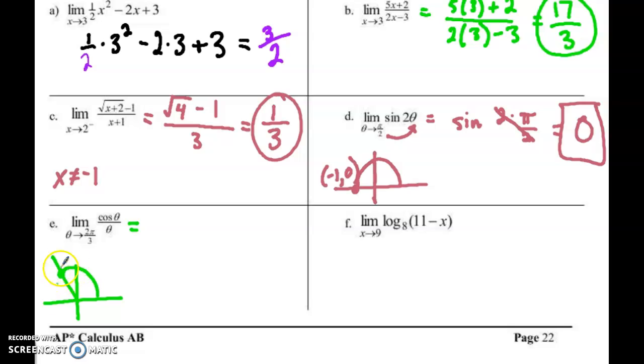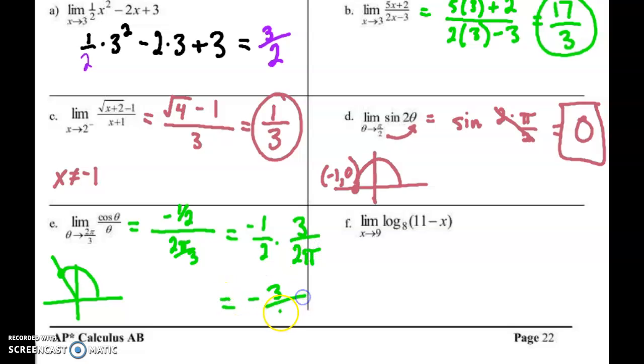That's the ordered pair with x-coordinate -1/2, which is what we're asking for with cosine, over 2 pi over 3, because I'm doing direct substitution into the denominator. Well, to divide by a fraction is the same as multiplying by the reciprocal, so 3 over 2 pi. So we're looking at -3 over 4 pi for that answer.